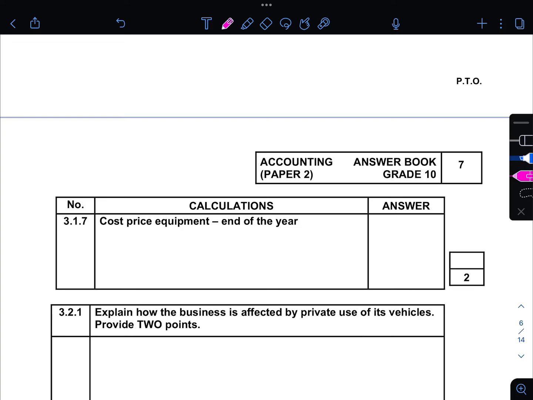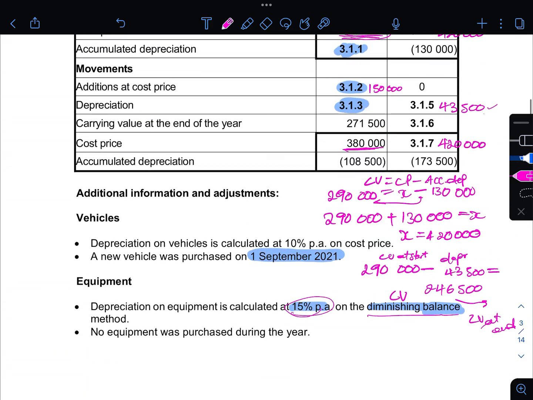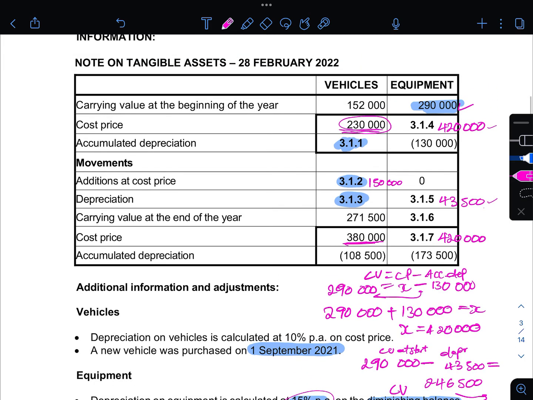So the cost price did not change because we did not buy anything during the year. So it is going to be simply 420,000. But if you want to check your answer here, like I said, if you wanted to check that your answer here was 246,500, you could have simply taken 420 minus 173,500.